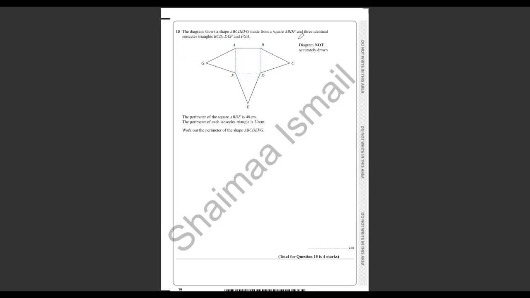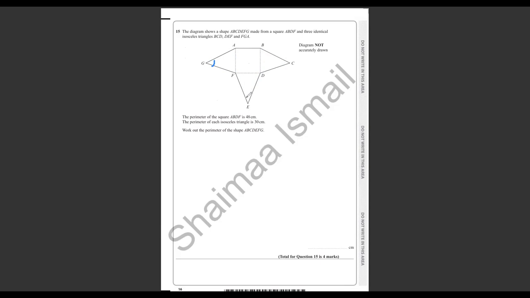Okay, and three identical isosceles triangles, which we have here. All these angles are equal, and also the sides are equal. Okay, and it's identical isosceles triangles. So all these angles are equal.